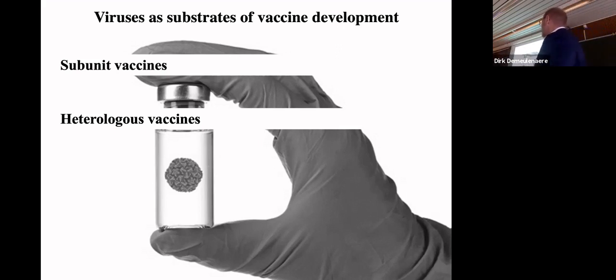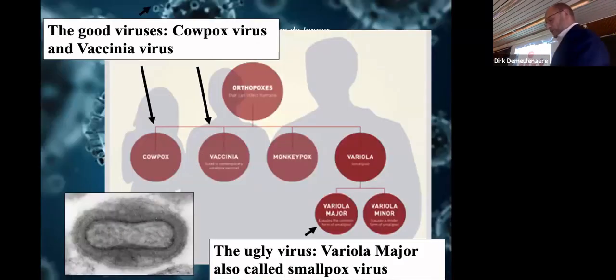An example is the very first story I told you during the inaugural lecture. If you take the orthopox virus genus, you find variola major, which killed humans, and you have vaccinia virus, a related virus infecting cows, which causes a benign infection in humans.